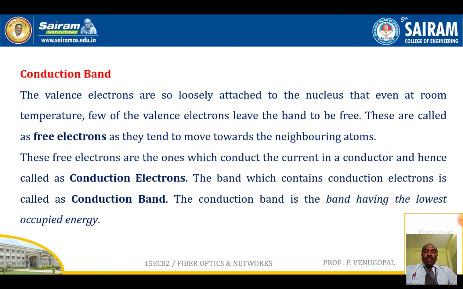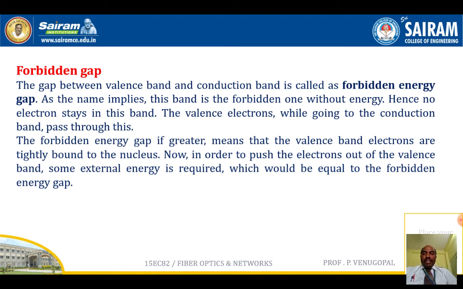The band which contains conduction electrons is called the conduction band. The conduction band is the band having the lowest occupied energy, while the valence band is the band having the highest occupied energy.